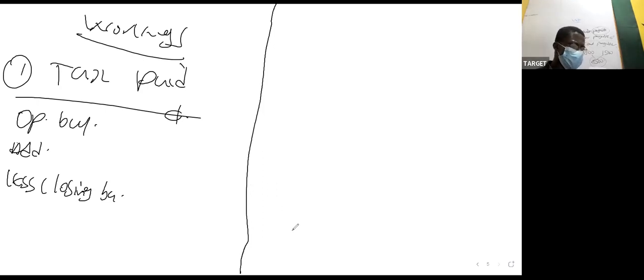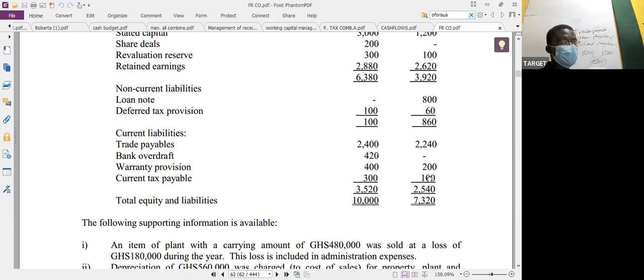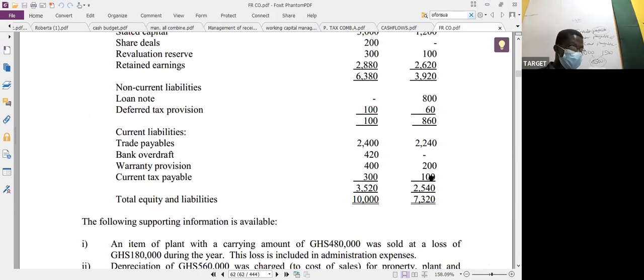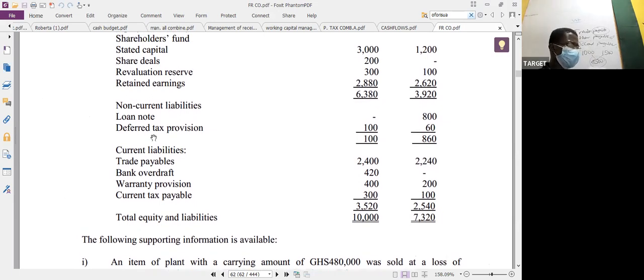So let me go and pick the opening balance for tax. So go to the current liability. What's the current year tax? 300 as closing balance, 100 as what? Opening balance. Please, if you pick it, kindly add the figure for the deferred tax in addition to the current. All of them are tax. Every tax be taxed.